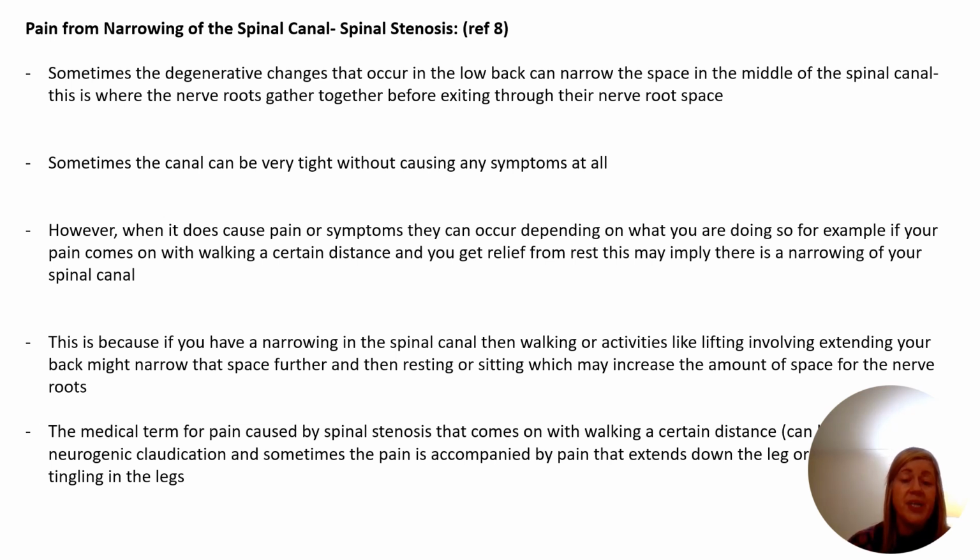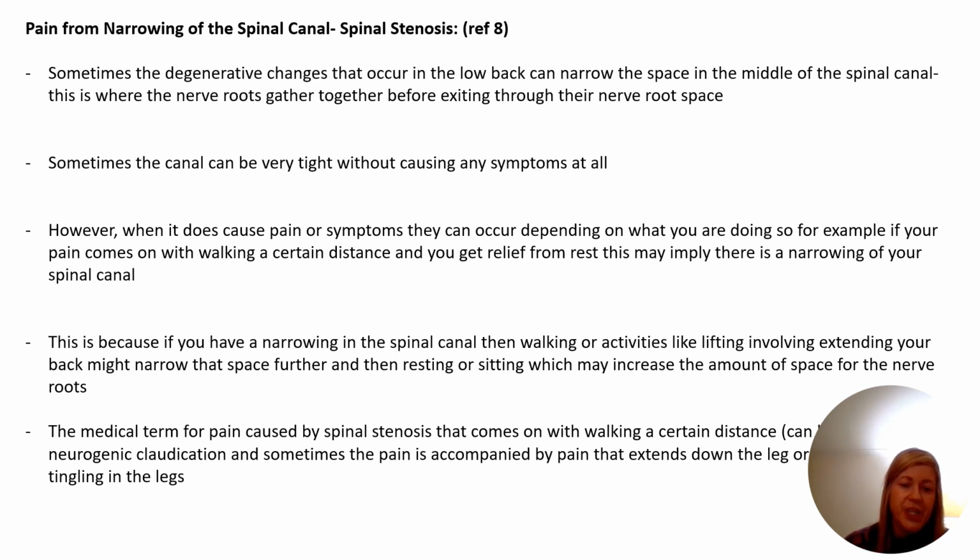So if you walk a certain distance and your pain comes on and then you rest and it goes away, this could imply that there is a bit of narrowing of the spinal canal. And this is because if you have a narrowing in the spinal canal, doing activities like walking or lifting will involve extending your spine, which further narrows the space. And then when you stop doing that or you rest, you'll increase the amount of space again.